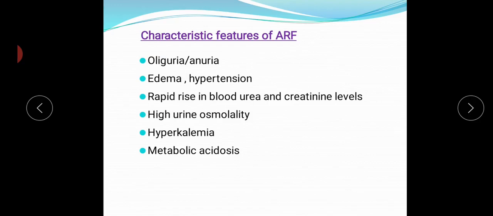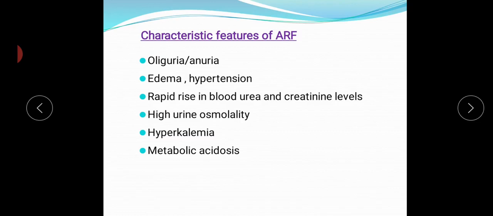Now, what may be the complaints or the signs and symptoms of acute renal failure? First is oliguria or there may be anuria. The patient's urine output will be less than 400 or less than 100 ml per day, even though the intake is normal. Then there may be edema and hypertension.